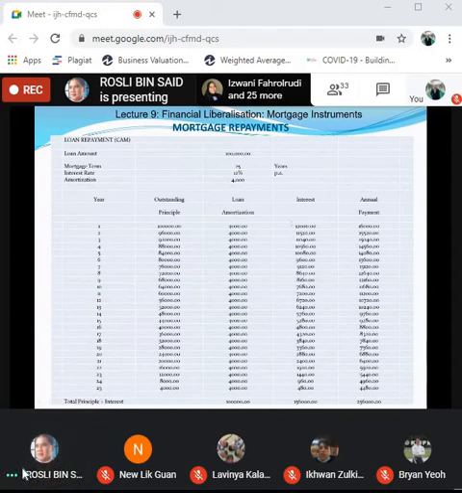And the interest that we pay is 12% of 100,000, so 12,000. So the annual payment that we have to pay is 4,000 plus 12,000, which is 16,000.